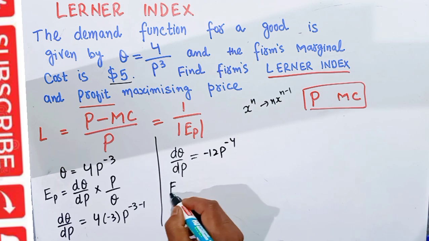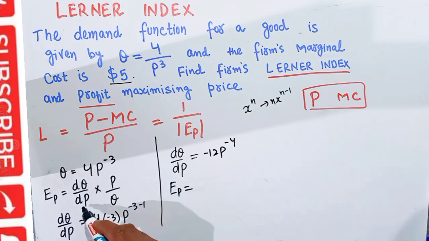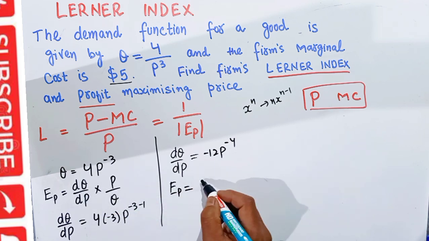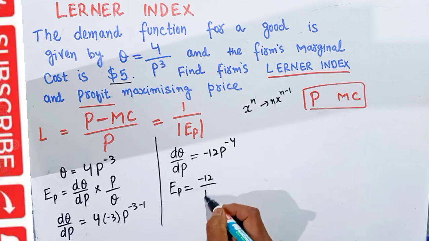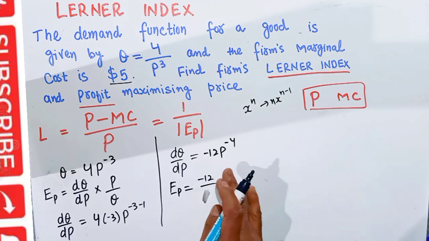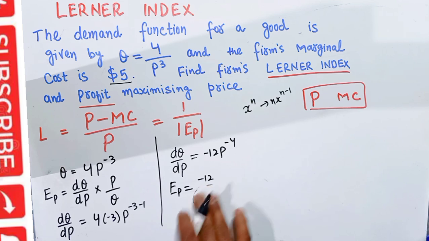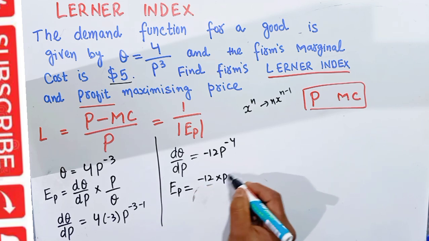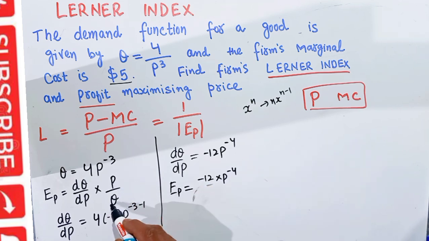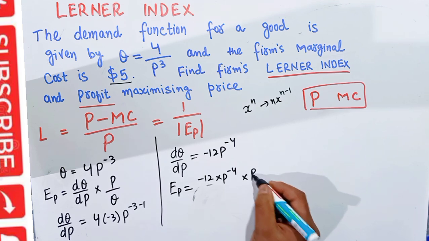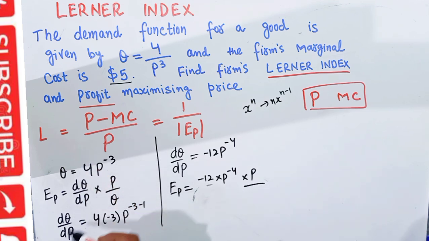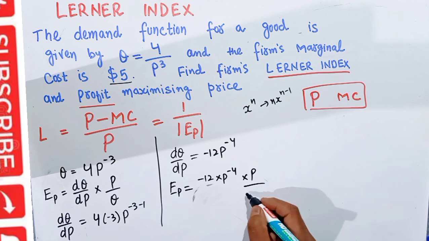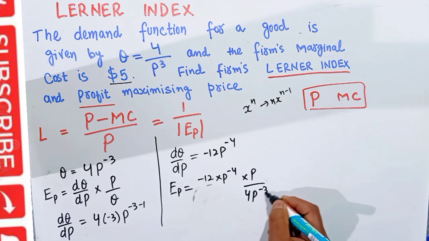Now what is elasticity of demand? It is dQ upon dP, which we calculated as minus 12 P to the power minus 4, into P upon Q. Q is this function, 4 P to the power minus 3.